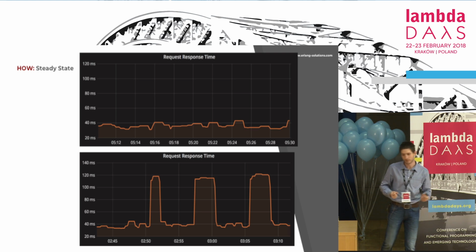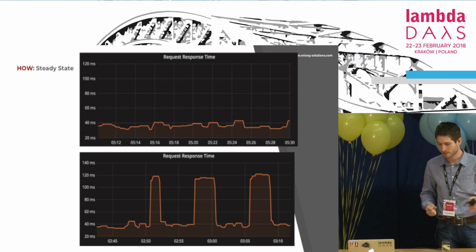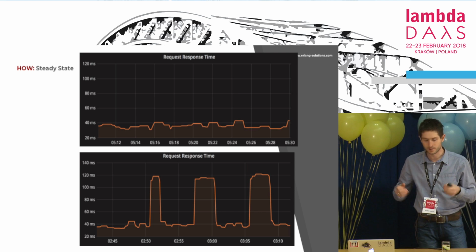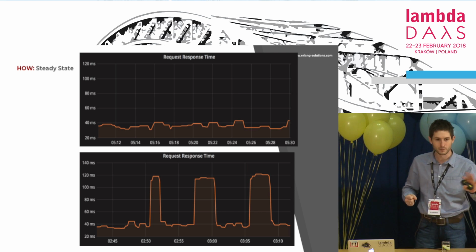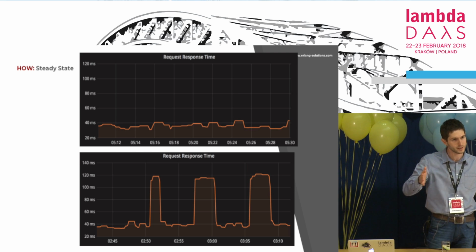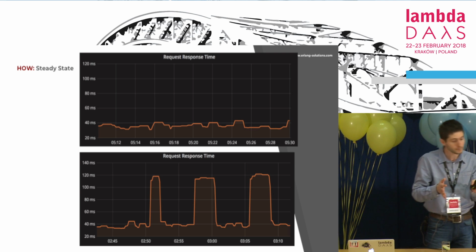It functions normally. And the graph above represents the steady state of some system where we have request response time around 40 milliseconds. And that's something we have learned over time by observing our system, and we know that when this property holds, our system functions normally.